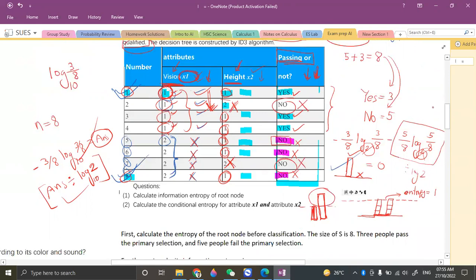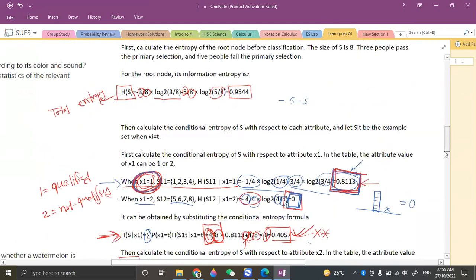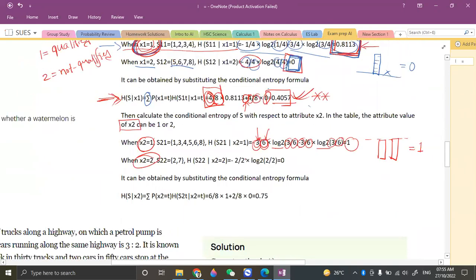So we have a total of 2, and 2 of them are not selected. Minus 2 out of 2, and log 2 is 2 out of 2, okay? So as I already mentioned, if we have one building here and another person doesn't have any building, the result will be 0, right? So the entropy is 0.